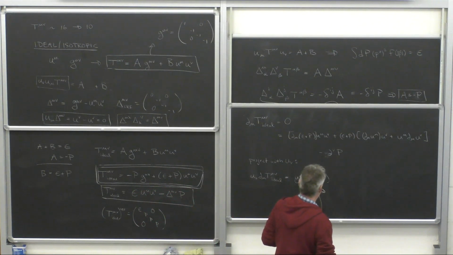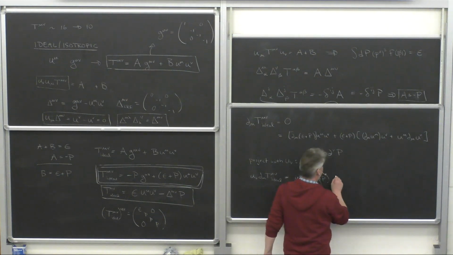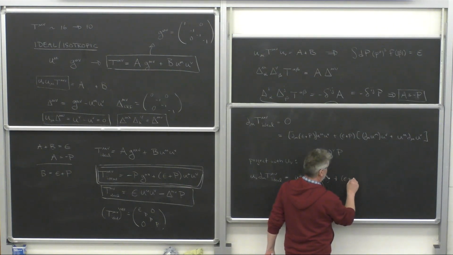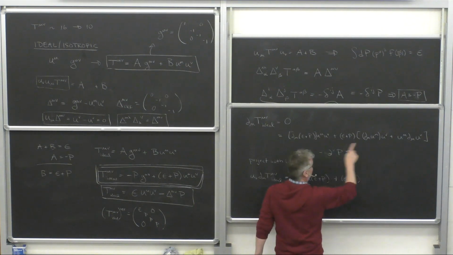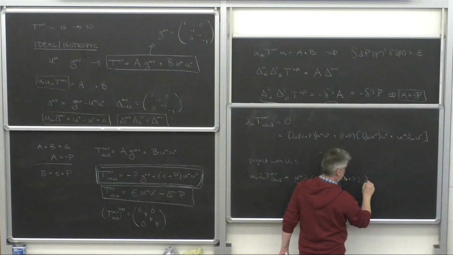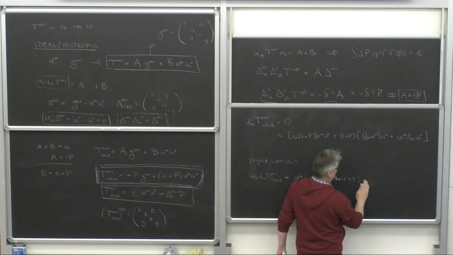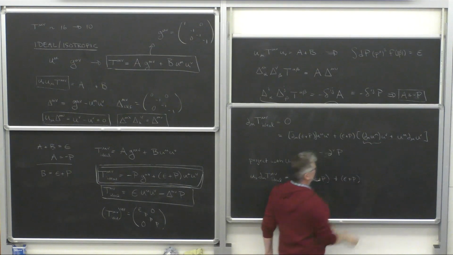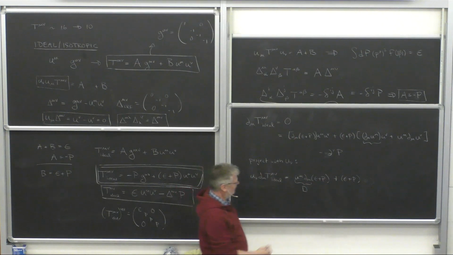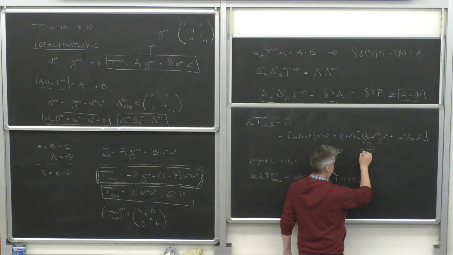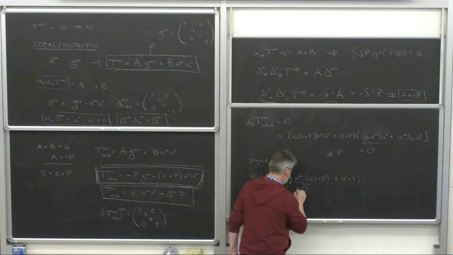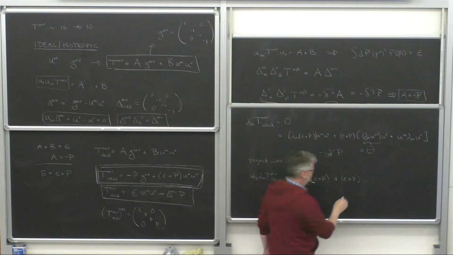Good. Then I come into this term. And once again, u mu is going to turn into 1 here. And this special quantity here, the forward divergence of the fluid flow, in order to keep things compact, is defined as theta. So that's going to become a theta in our notation.